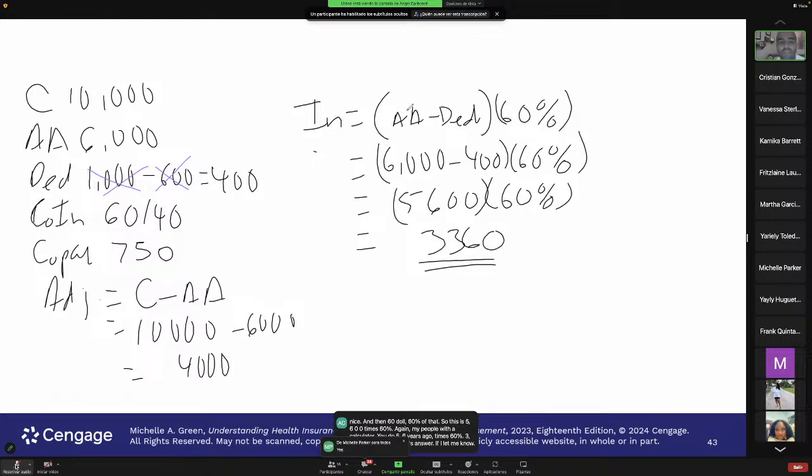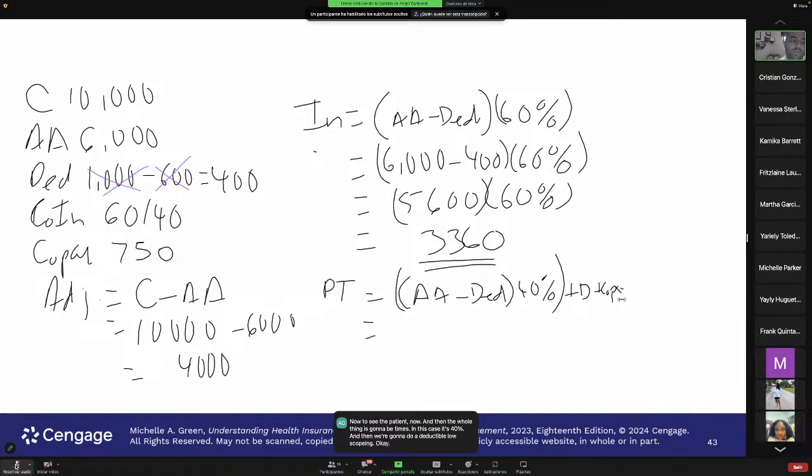Okay. Now let's see the patient. The patient has to pay what? The patient has to pay allowed amount minus deductible, and then the whole thing is going to be times, in this case, 40%. And then we're going to do plus deductible plus copay.